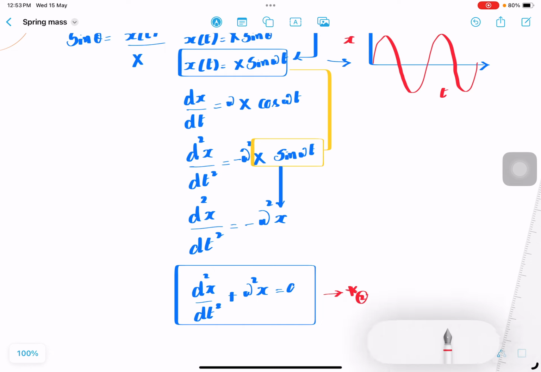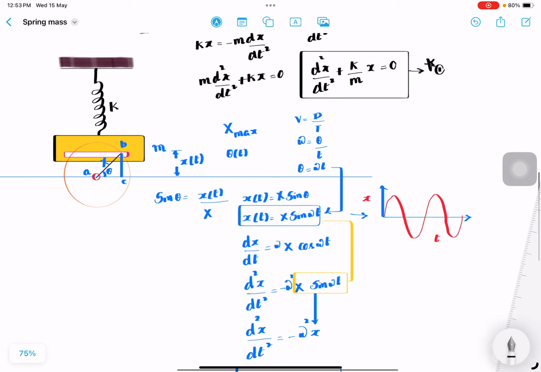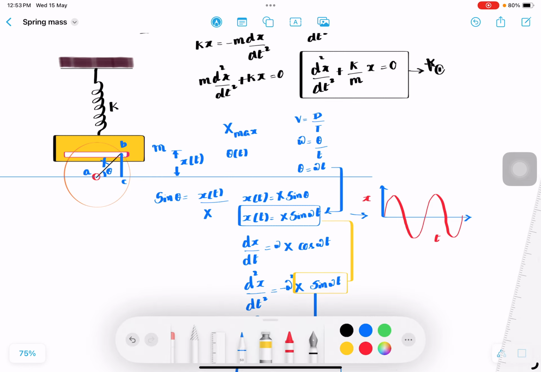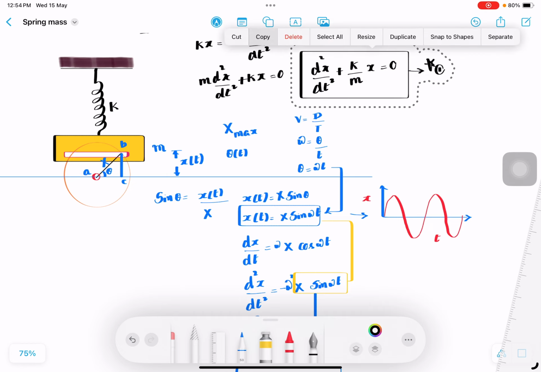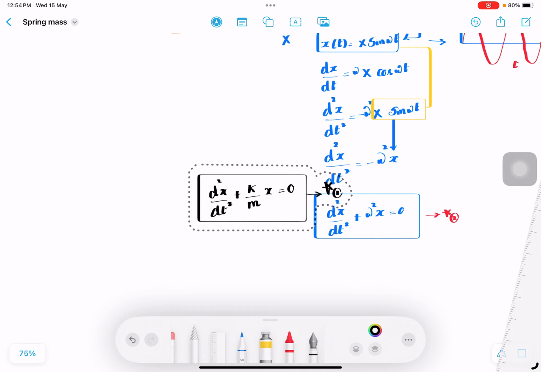Okay. Now if you look at these two differential equations that we have derived, let me bring the differential equation, star equation 1, over here so that I can compare them.